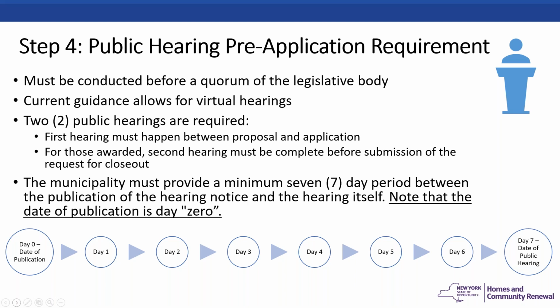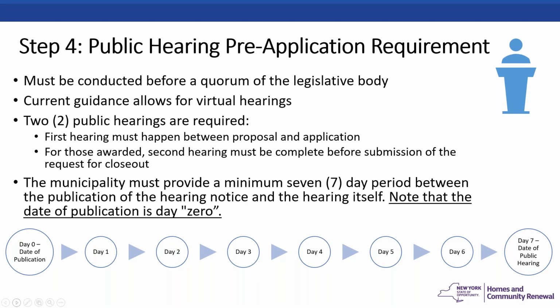We do require 2 public hearings, but only one prior to the full application. So that happens between the initial proposal and then the full application, which is when you're going to want to start planning for that. For those that are awarded CDBG CARES funds, there is a second public hearing that must be completed before the closeout of that grant. So one before application and then one later towards the end of the project.